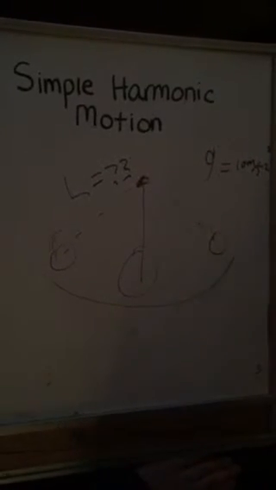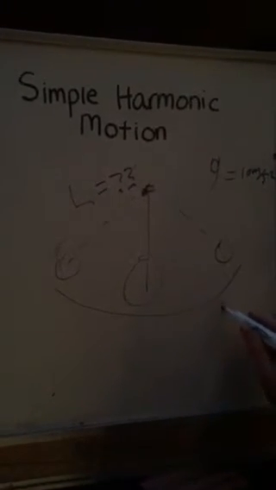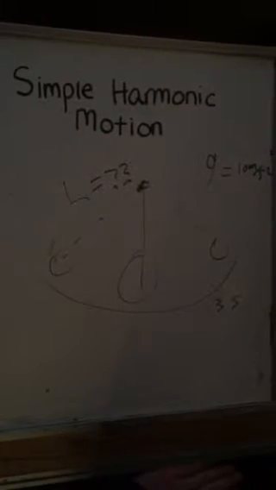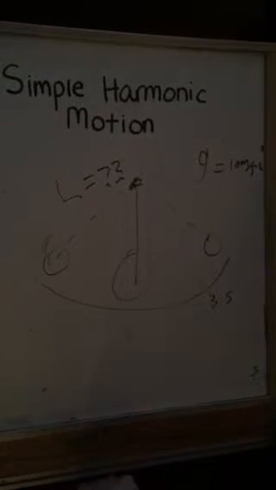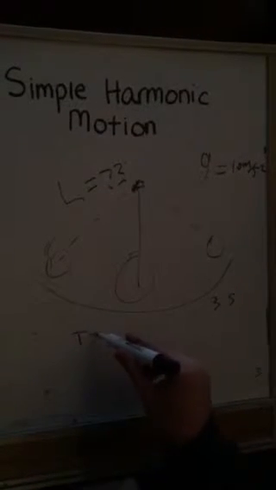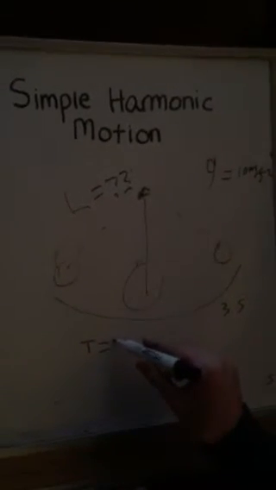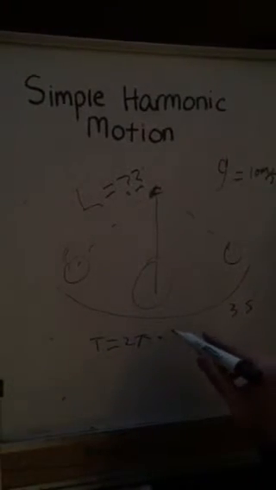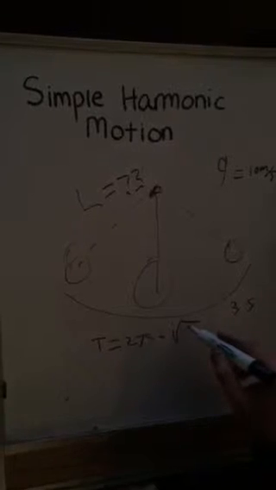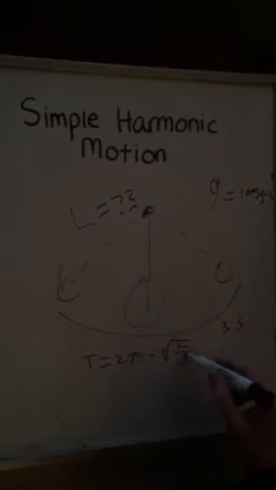To find the length is a little bit tricky. If we were told that the period was 3 seconds, all we would have to do is rearrange the equation to solve for length. And we would do that like so. T equals 2 pi times square root of the length over gravity.